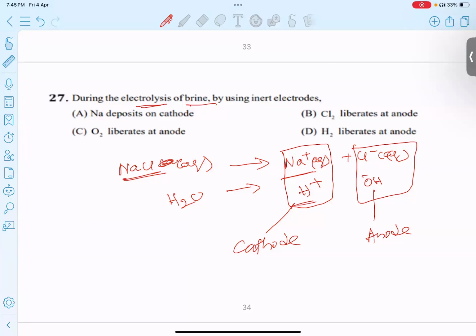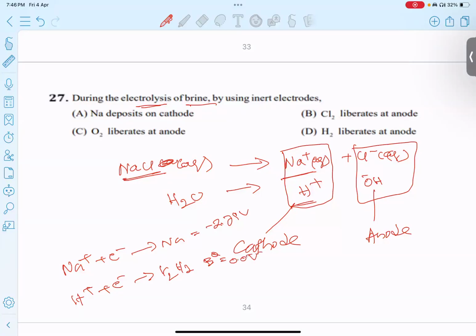At the cathode, the reaction with higher value of E naught is preferred. Na plus undergoes reduction to form Na, while H plus ion takes electrons and becomes half H2. The E naught value of sodium is minus 2.71 volt, and the E naught value of hydrogen is 0.0 volt. So the reaction with higher value of E naught is preferred.